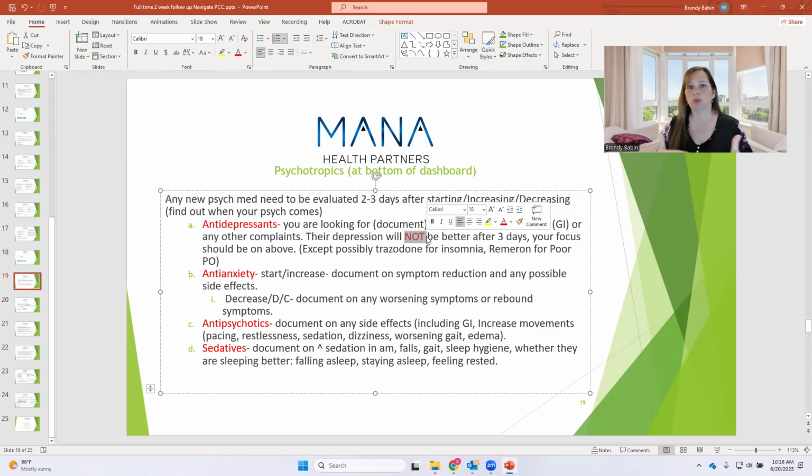Now, that's what we're looking for, if they're having decreased restlessness, decreased anxiety, decreased panic attacks. So again, we're not necessarily expecting them to get better, but we are expecting a little bit of improvement. On the other hand, if you're decreasing, especially Xanax, you're likely to have rebound effects.